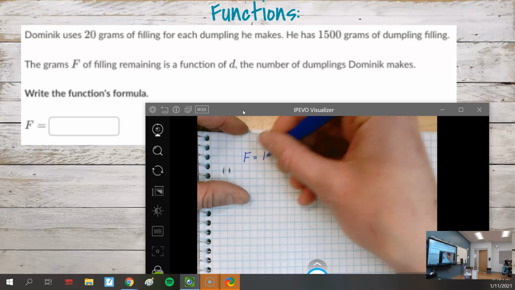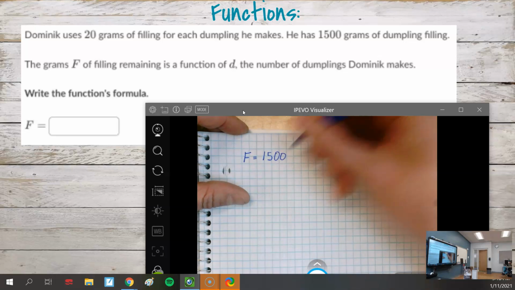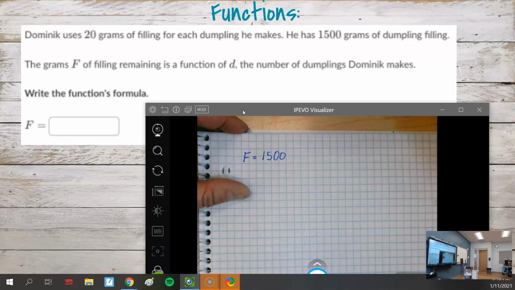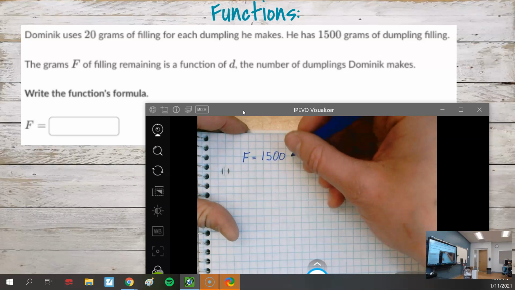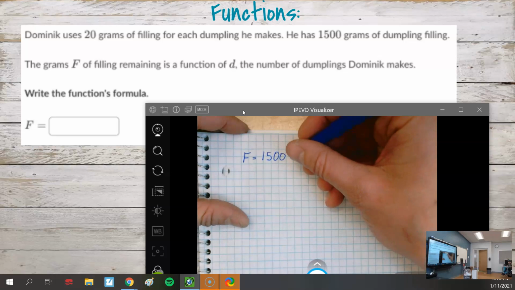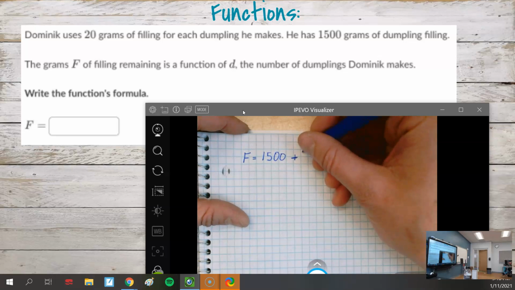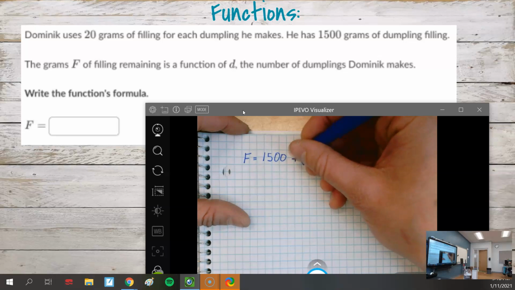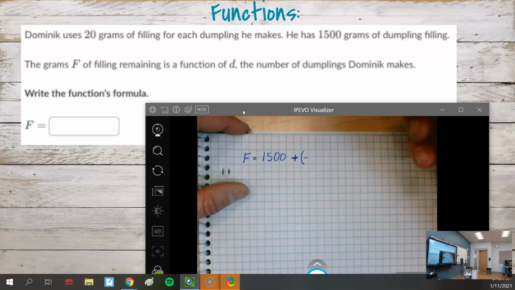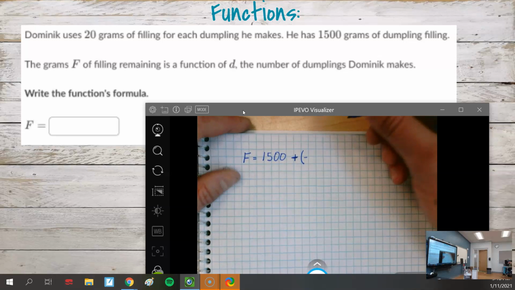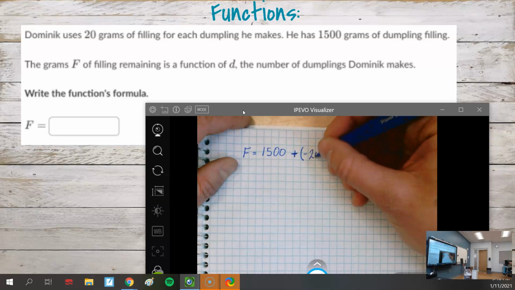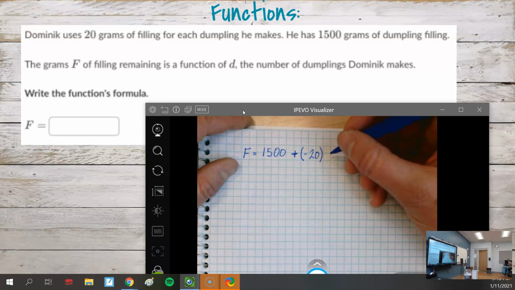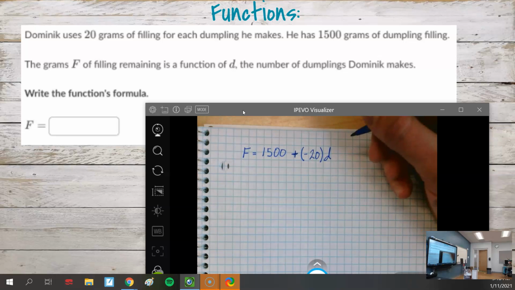So Dominic starts with 1,500 grams of filling. He uses, so we're going to go down, so either minus or plus a negative. You don't have to do plus the negative, I'm giving you options. 20 for every dumpling D he makes.